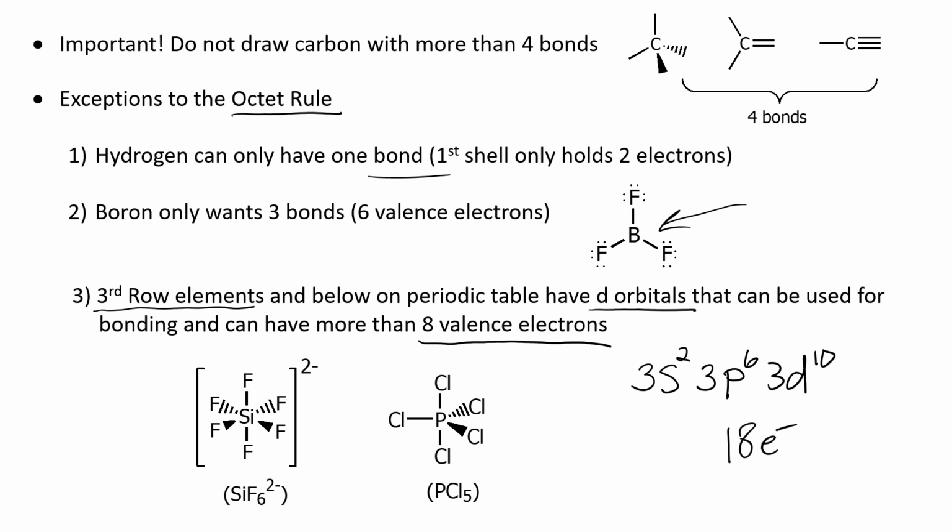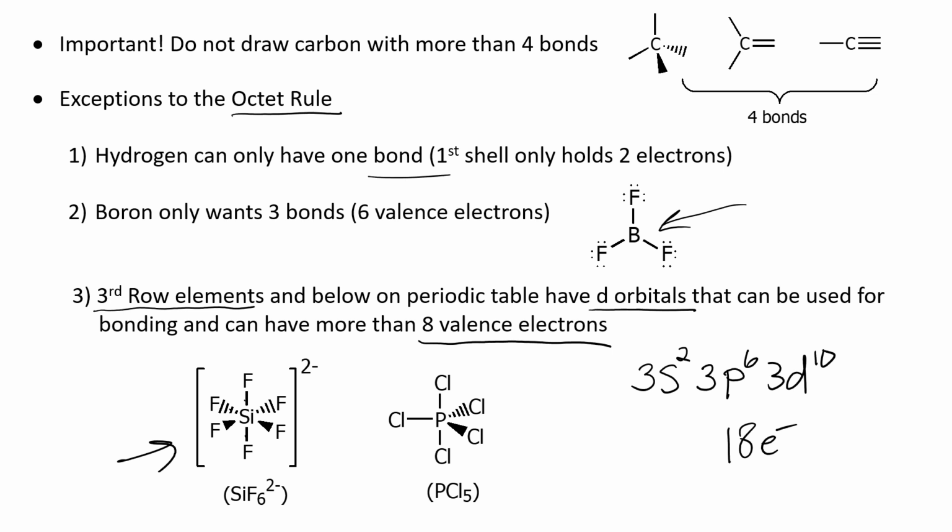So those atoms that have their outermost electrons in the third shell, they have orbitals that can accommodate an excess of 8 electrons, like SF6. We have 2, 4, 6, 8, 10, 12 valence electrons around the central atom. Now, I did not include the lone pairs here for the fluorines.